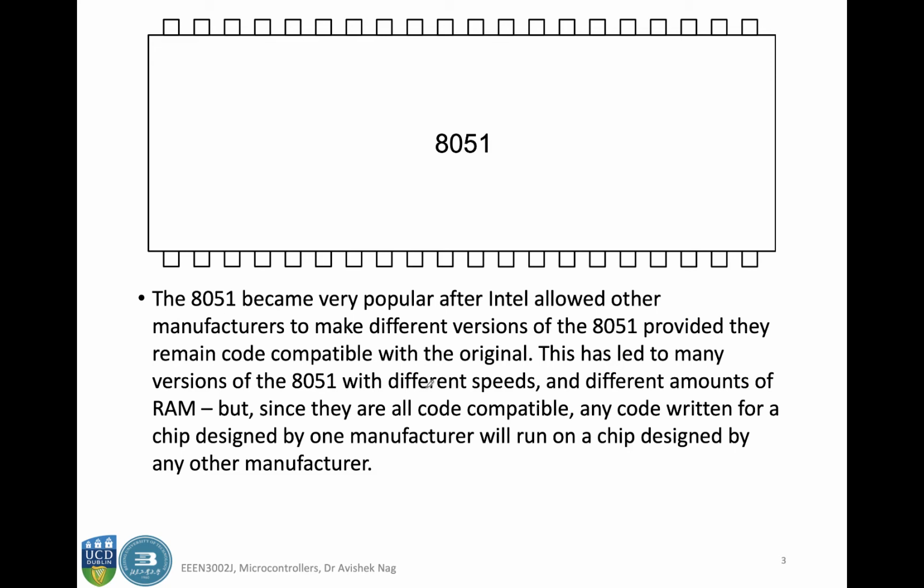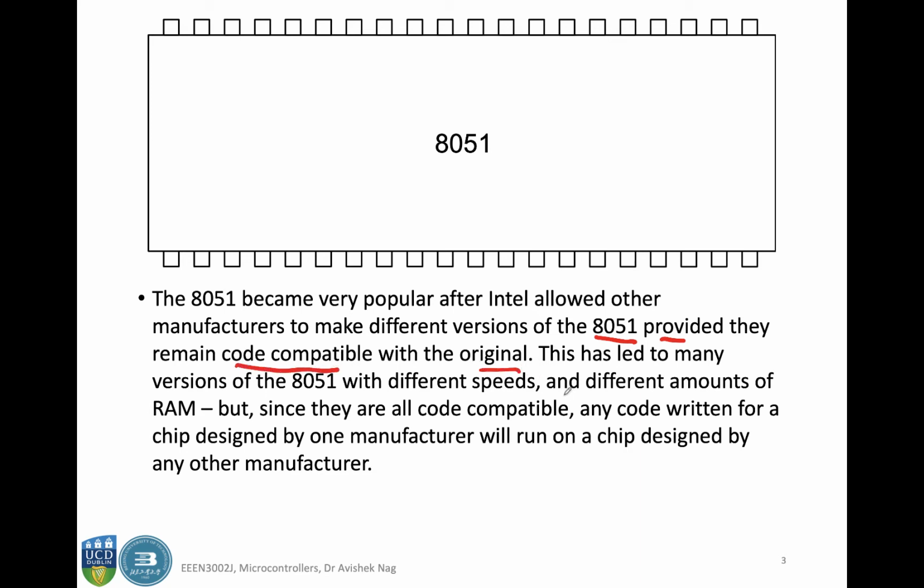So 8051, it became very popular after Intel allowed other manufacturers to make different versions of 8051. So Intel didn't keep it a complete proprietary thing. It was allowed to be manufactured by other manufacturers, but there was a condition, provided that the code compatibility was maintained with the original.